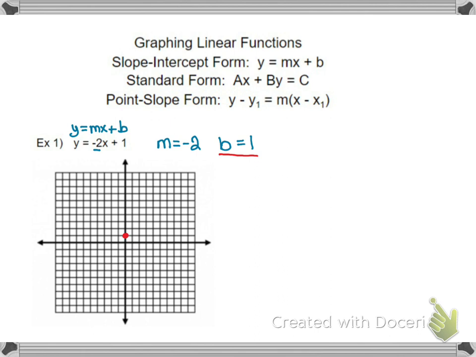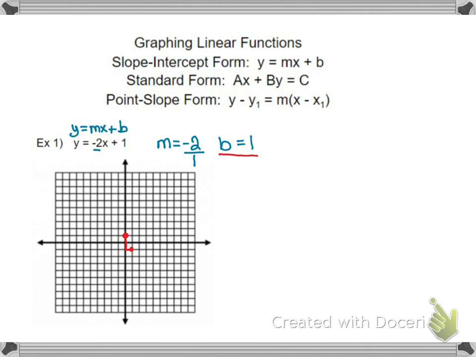So as a fraction, negative 2 you could write as negative 2 over 1, and that gives us how many units we rise and how many units we run. With the rise being negative 2, you would go down 2, and then you would run positive 1, so right 1. And that's where you're going to put your next point.